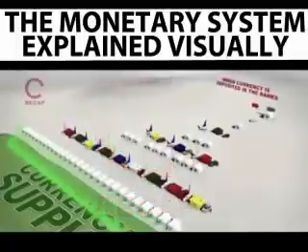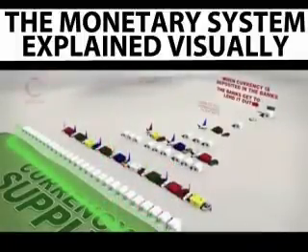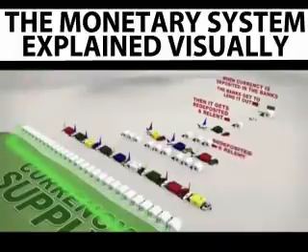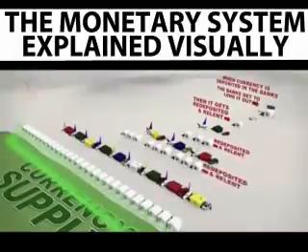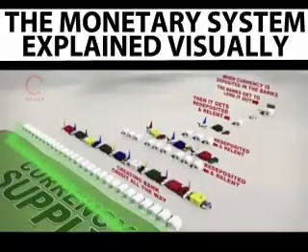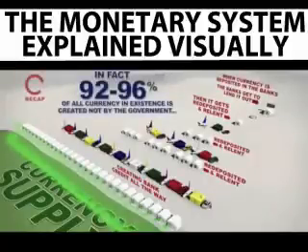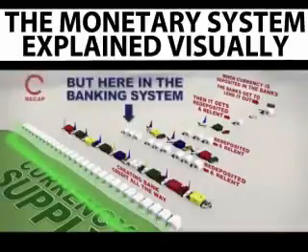So once again, when currency is deposited, the banks get to lend it out, and then it gets redeposited and relent, redeposited and relent, redeposited and relent over and over again, creating bank credit all the way. This is where the vast majority of our currency supply comes from. In fact, 92 to 96% of all currency in existence is created not by the government, but here in the banking system.